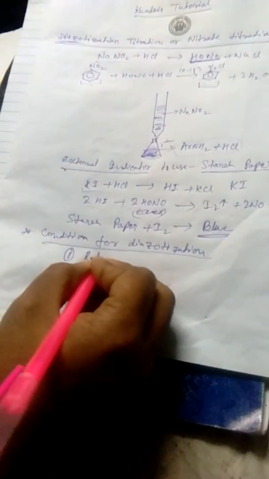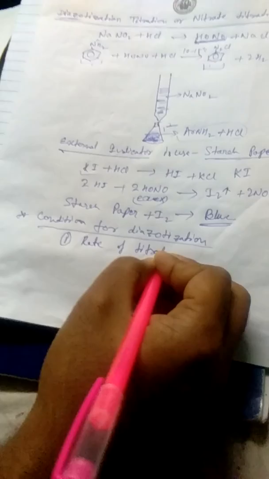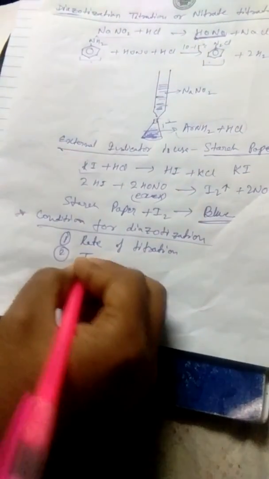Diazotization is mainly affected by two factors. One, rate of titration, and another one is temperature.